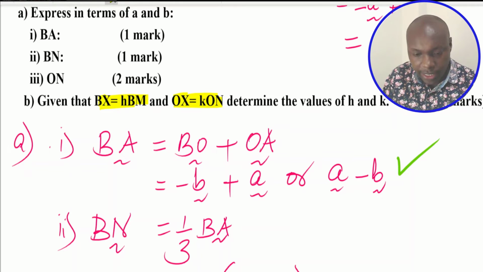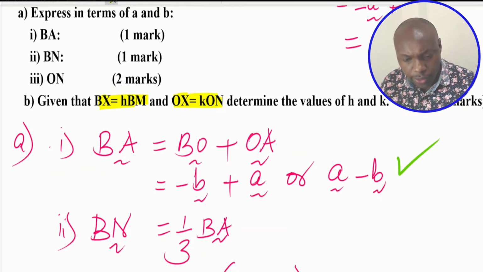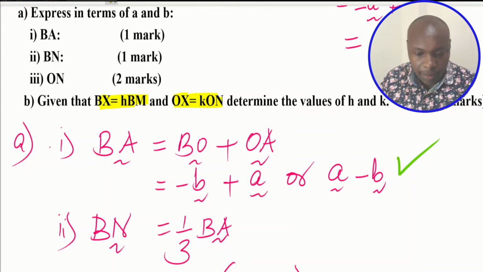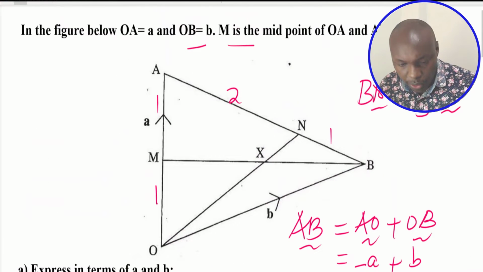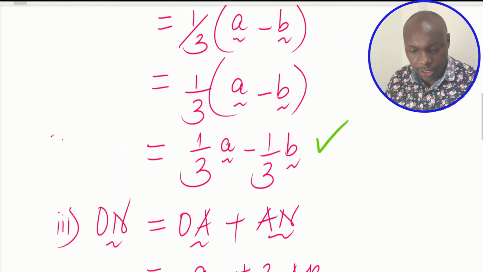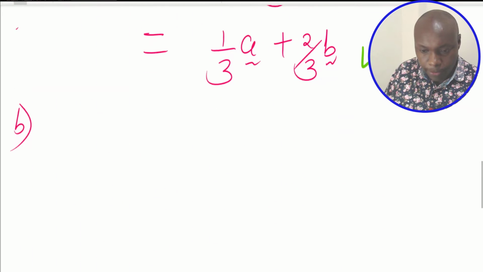You'll be guided by these vectors here. The vector you can express in two ways, using BX and OX, is vector OX.